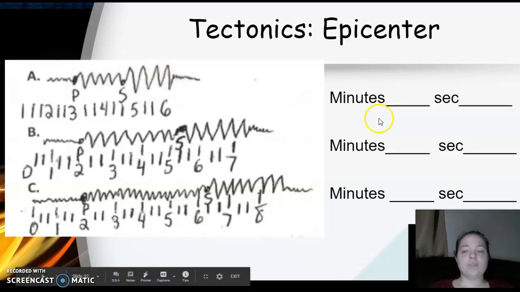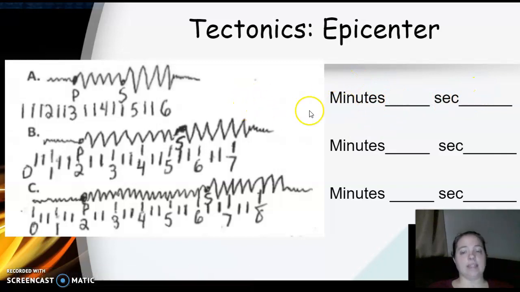So we're going to determine A's minutes and seconds. I'm going to first put a line through where the P is to the number, the minute. So I'm going to put a P right like that. Yeah, I know it's a little crooked. It's the best I could do. And then I'm going to put a line through the S. After I have that, now I can figure out the minutes.